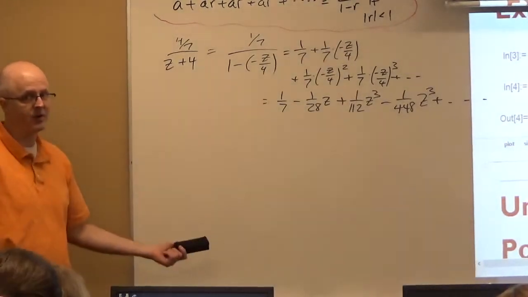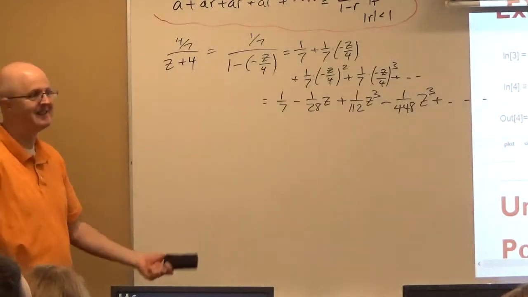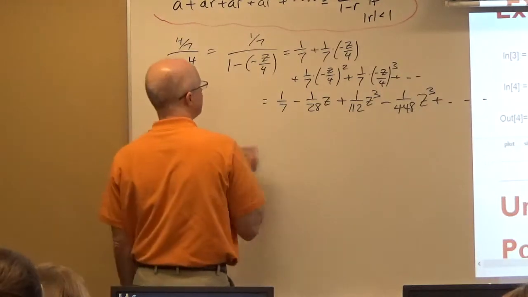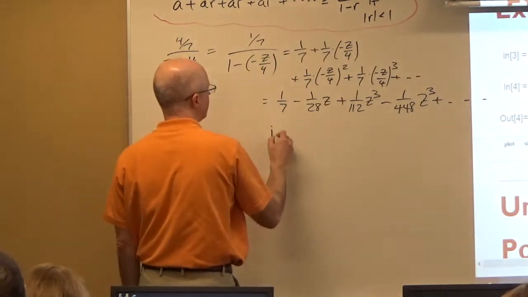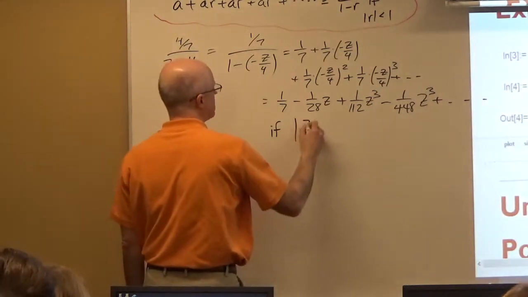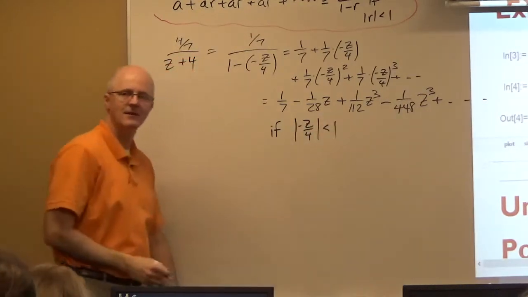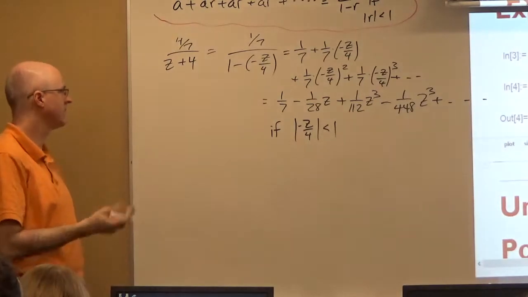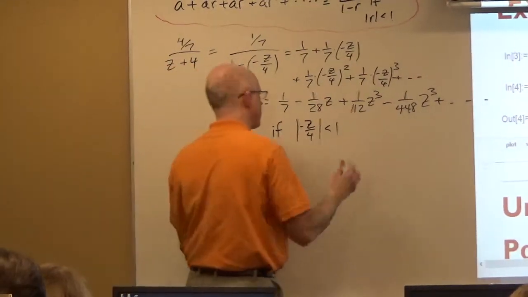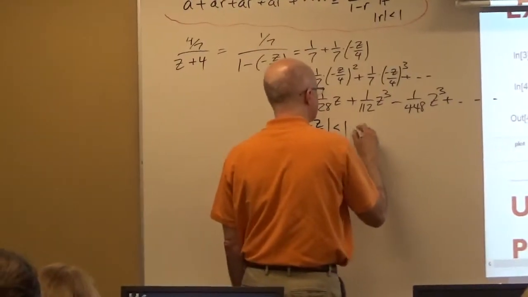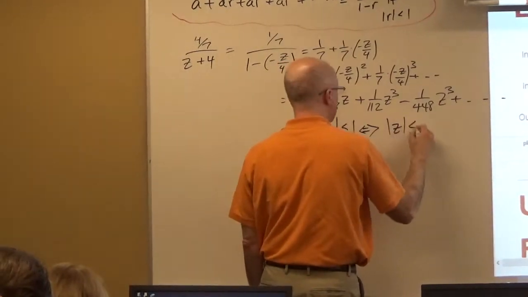It doesn't converge for all z though, right? We get equality if the common ratio in modulus is less than 1. I can get rid of the negative sign. I can also multiply both sides by 4. The modulus of 4 is 4. This is equivalent to the modulus of z being less than 4.